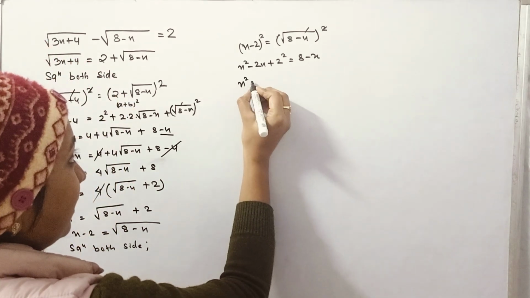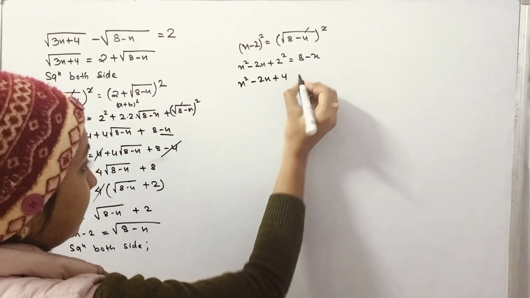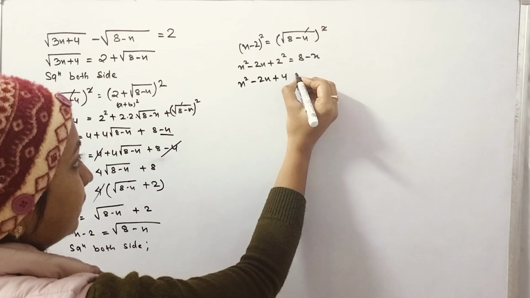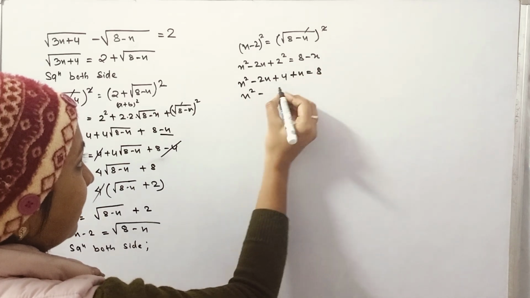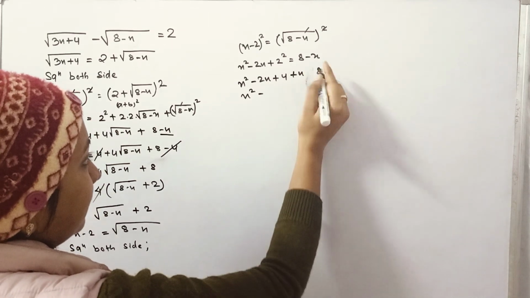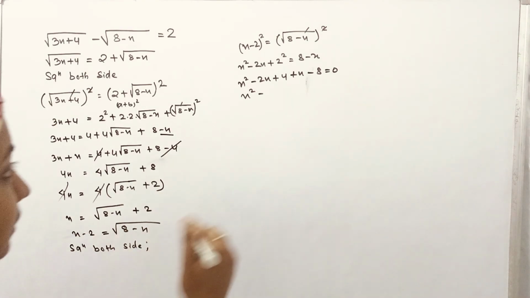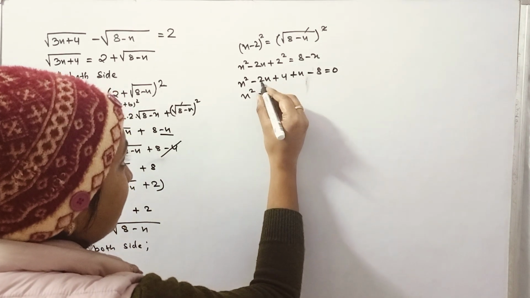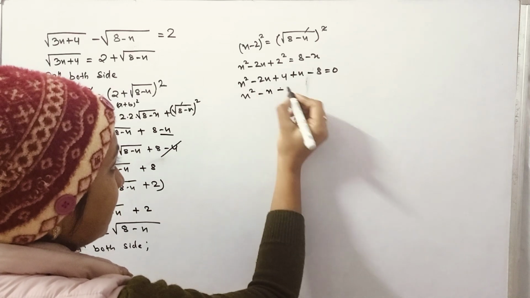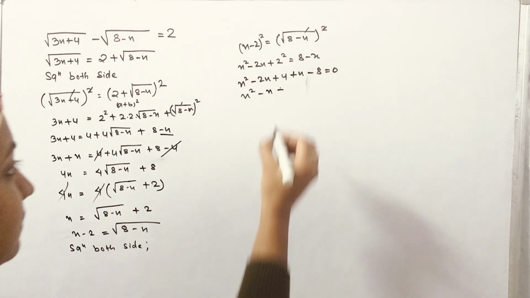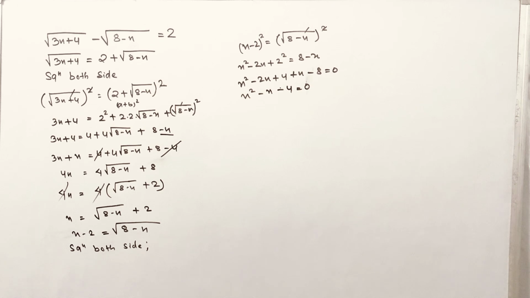So this is x square minus 2x plus 4 plus x is equals to 8, or x square minus 8 is equals to 0. See, we got every term here. So this is minus 2x plus x, and here this will be 4.